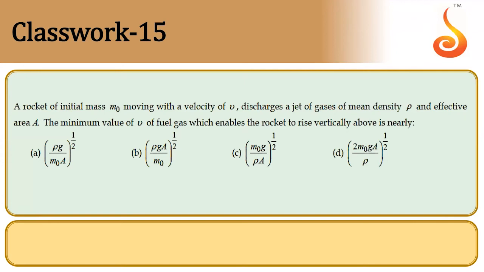So you need to find the minimum value of velocity of discharged gases, which enables the rocket to rise vertically upwards. Options are (rho g by m naught a) whole to the power half, (rho g a by m naught) whole to the power half, (m naught g by rho a) whole to the power half, (2 m naught g a by rho) whole to the power half.